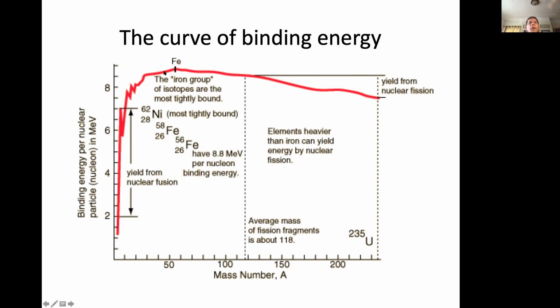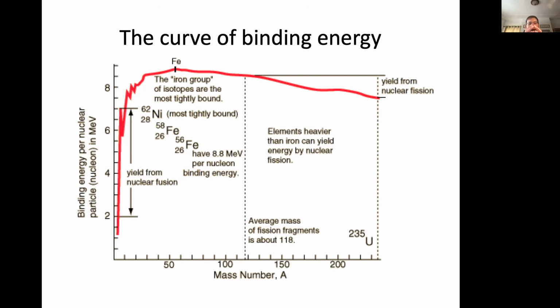If you wanted a sound bite, why does it rise up, reach a plateau, and then sag off? Very simply this: very light nuclei tend to be all skin and no volume, and you might suspect from physical intuition that nucleons on the surface of a nucleus will be less bound than the interior.